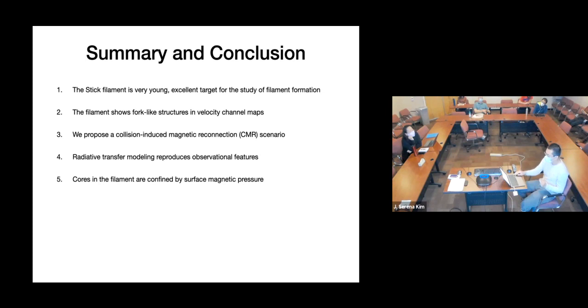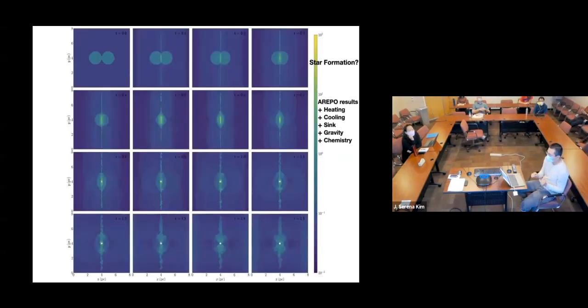So as I said, one of the questions is, will this filament form stars? With the Athena model, we were only able to form the dense cores in the filament. So to further study the star formation, whether stars can form in this filament, we use another code called AREPO, which is a moving mesh code with really good resolution.